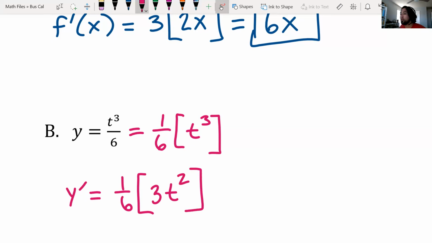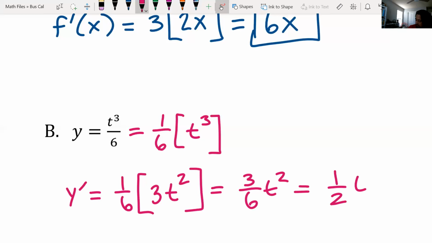There's our derivative, 3t squared. And then we just multiply this 1/6 back in, which means we'll get 3 over 6 t squared, which is just 1/2 t squared.